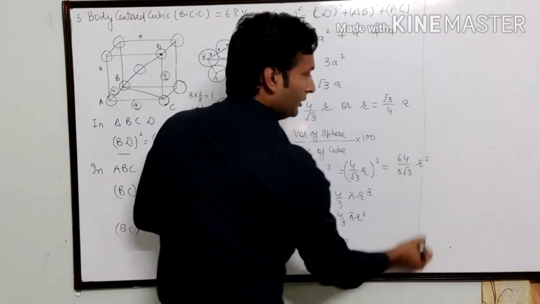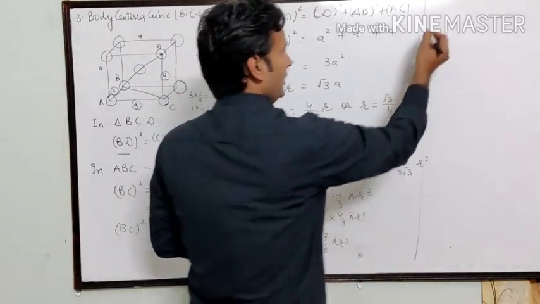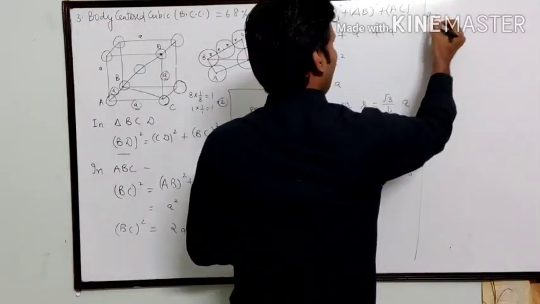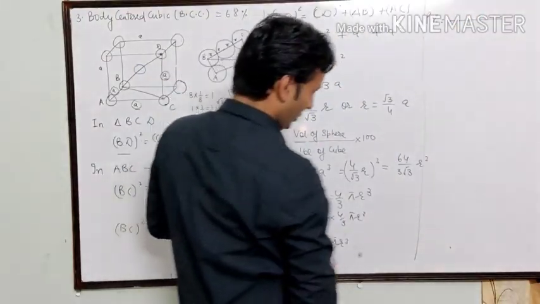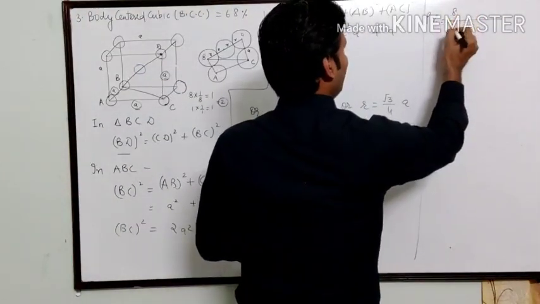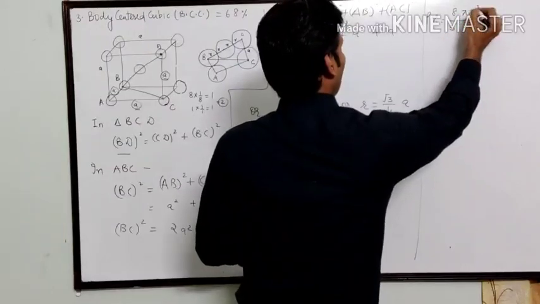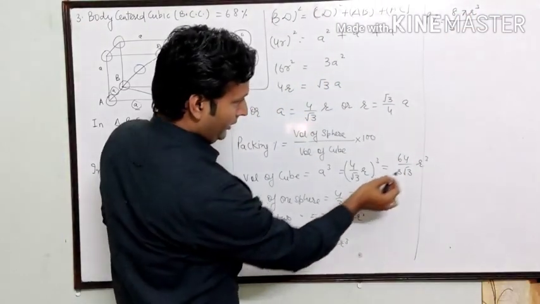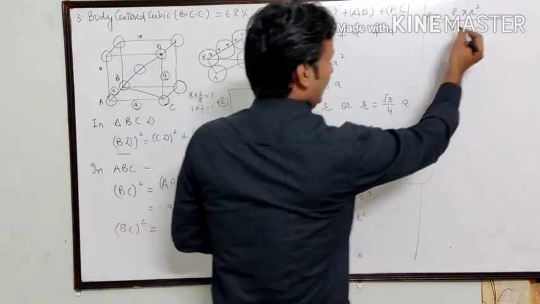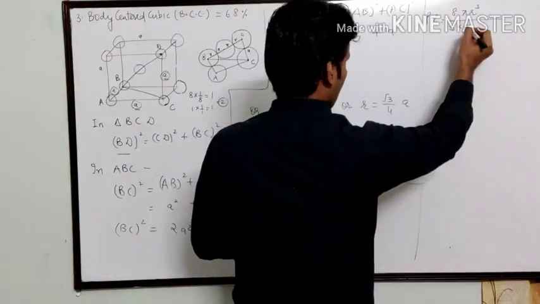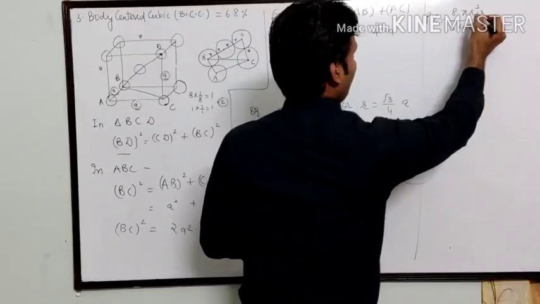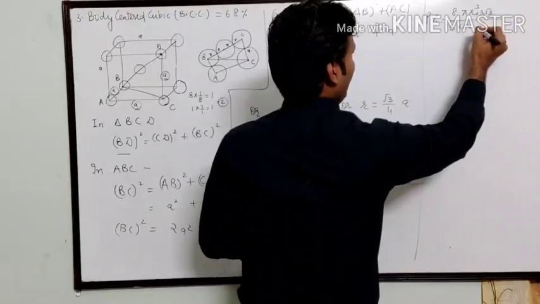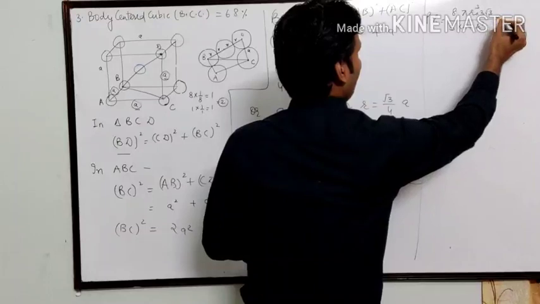Now calculate the packing percentage. Packing percentage is equal to the volume of sphere, that is 8 upon 3 pi R cube, and the volume of cube, that is 64 upon 3 root 3 R cube, into 100.